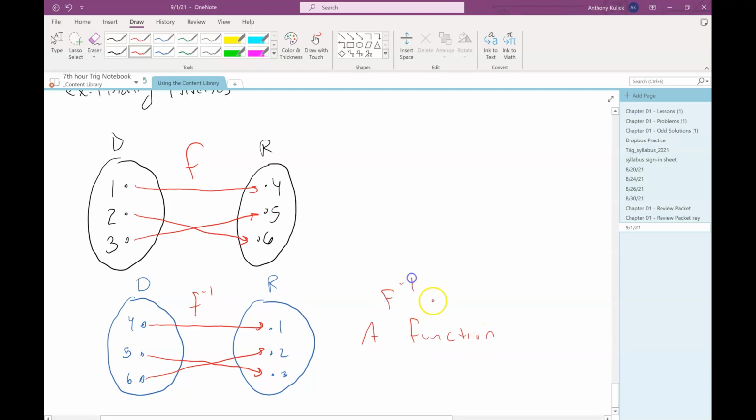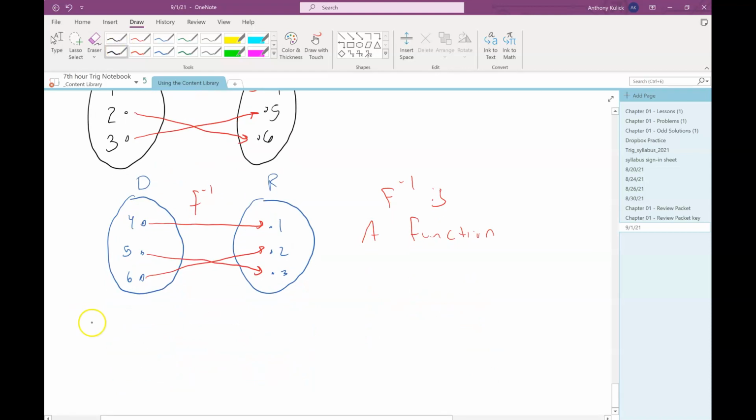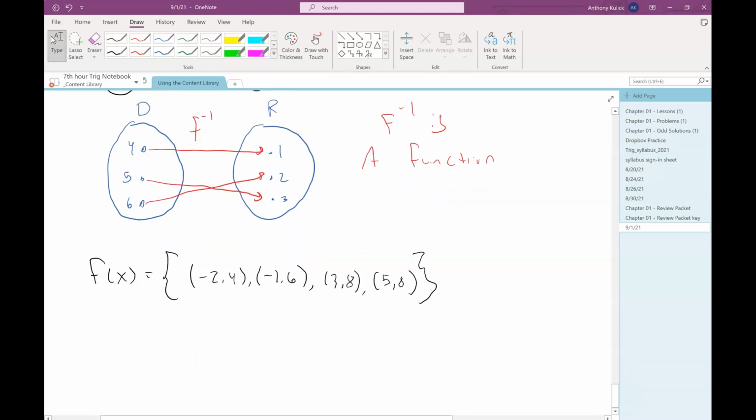Let's look at a different one. Let's say that our function is written as a set of ordered pairs. So when I write my inverse, what's that going to look like?